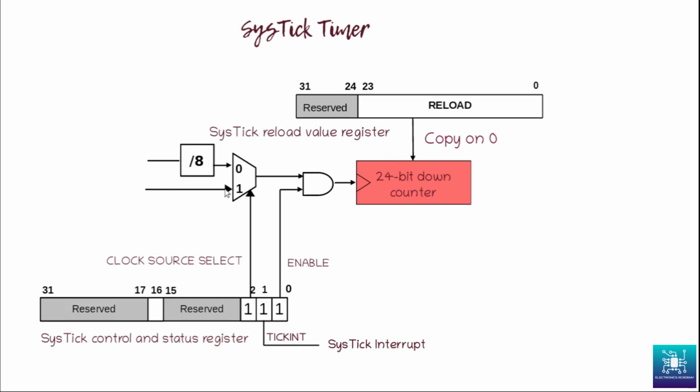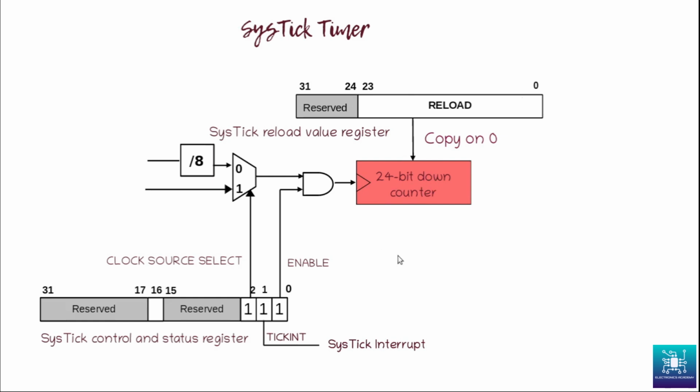Once we select one of the clocks here and enable the Systick timer, this 24-bit down counter starts counting down. Every time it reaches 0, the value from the Systick reload value register is reloaded here and the countdown repeats.